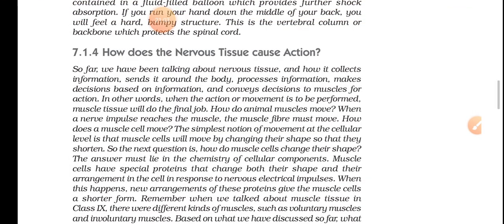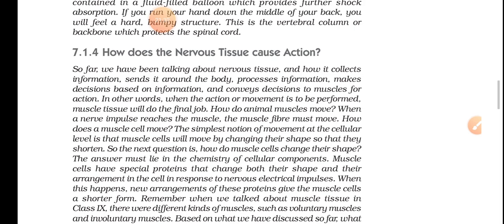Yes, let's start with the next topic: how does nervous tissue cause action? So far we have been talking about nervous tissue and how it collects information, sends it around the body, processes information, makes decisions based on the information, and conveys the decision to muscles for action.